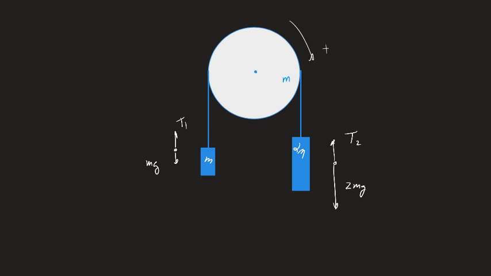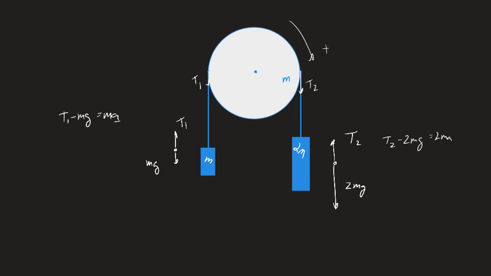So my pulley is experiencing a variety of forces, but the ones that matter will be tension 2 here and tension 1 here. So the box on the right is experiencing T2 minus 2mg, which is going to equal 2ma. Box on the left, T1 minus mg equals ma.